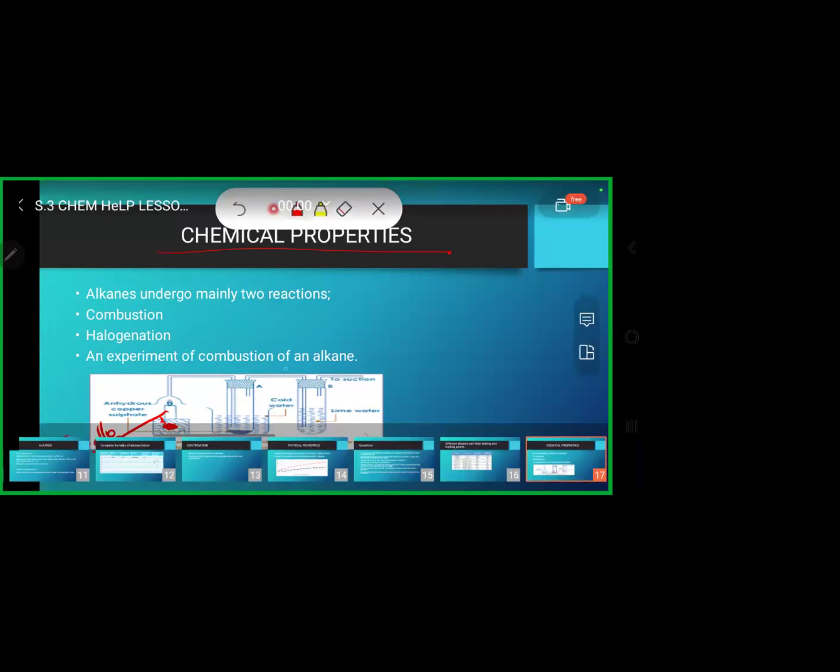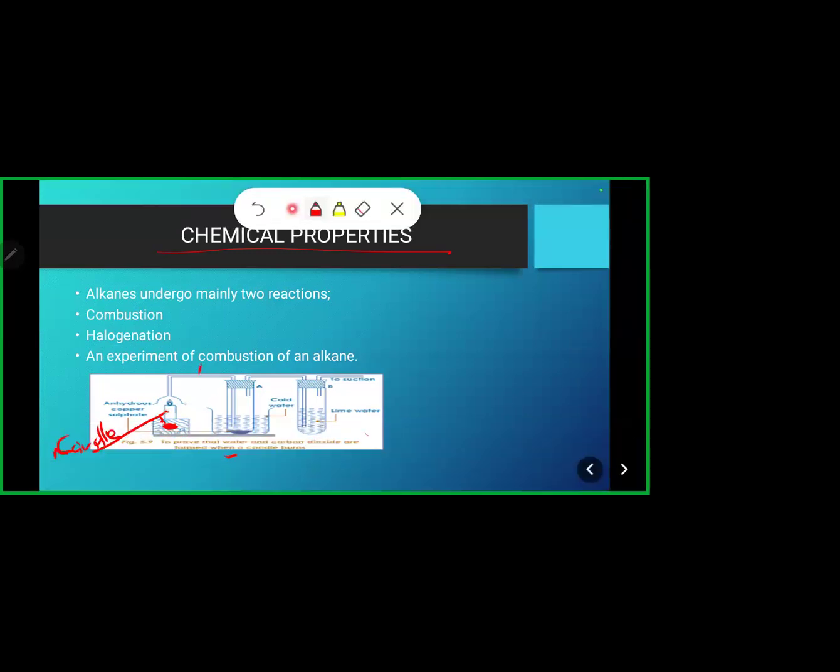Then, of course, a delivery tube, taking on the vapor from the candle into this beaker.